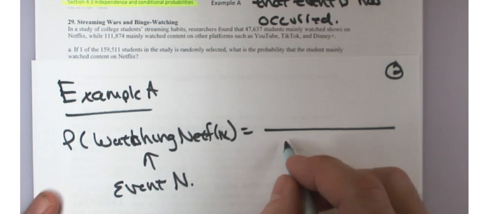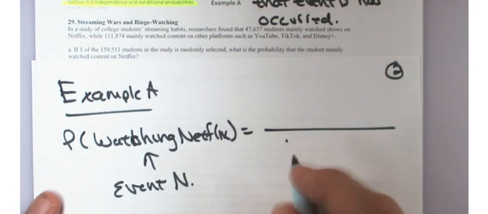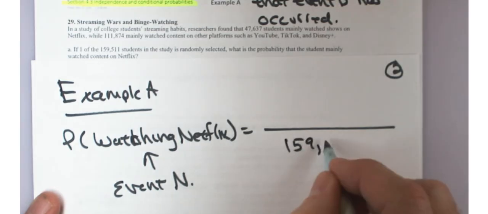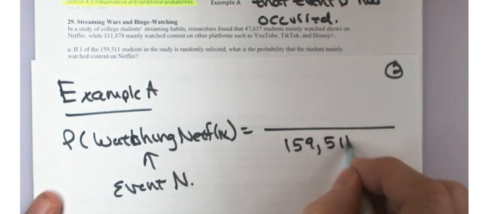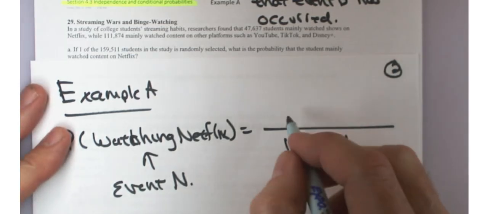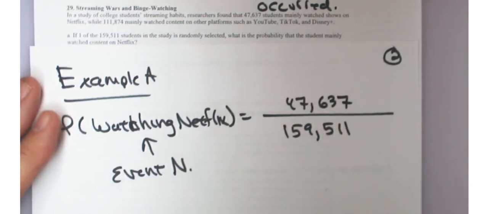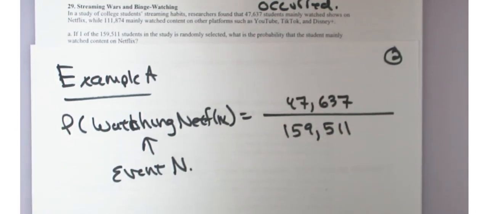Well, there's 159,511 students in this study. How many of them watch content mainly on Netflix? 47,637. Okay. Now, we're going to expand on that, and we're going to use the idea of independence to help us out.